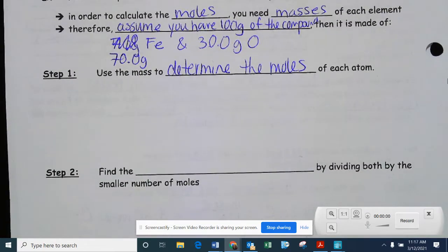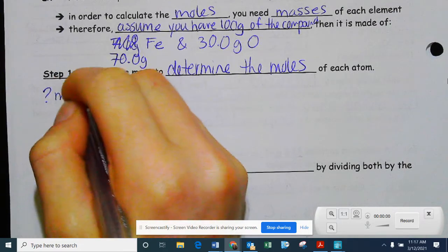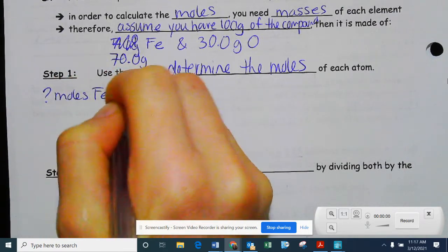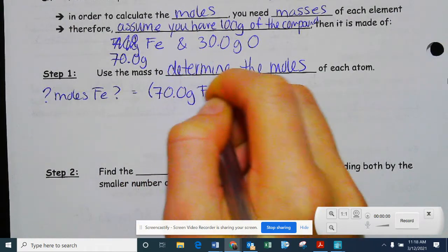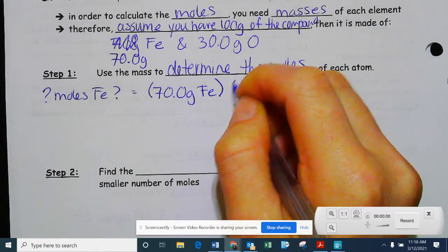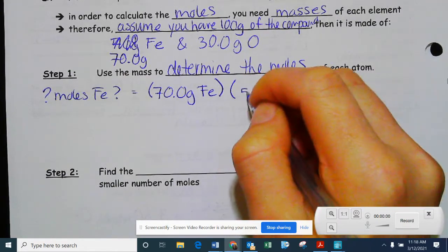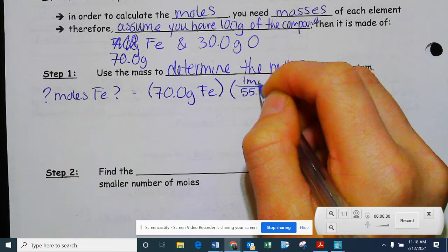And then this is the same process as the last one. So number of moles of iron: we've got 70.0 grams of iron, and our molar mass of iron is 55.8 grams for every 1 mole.